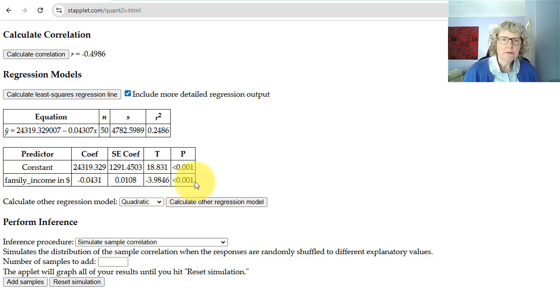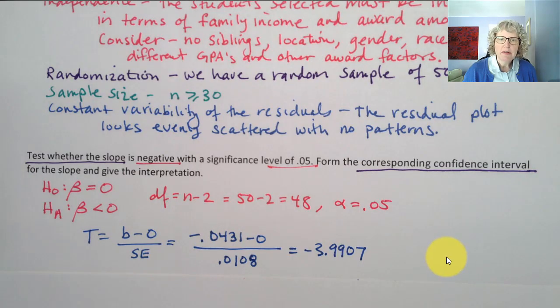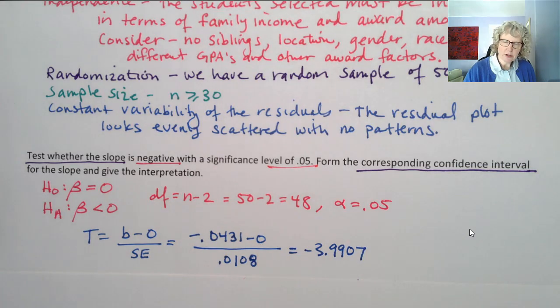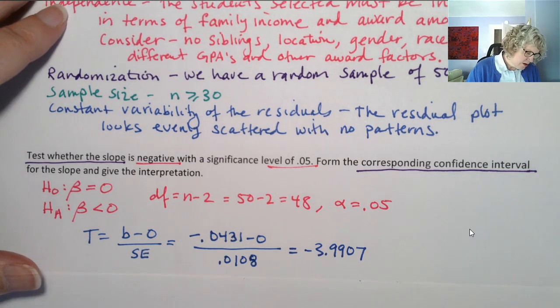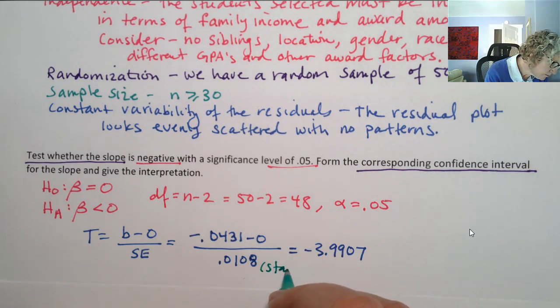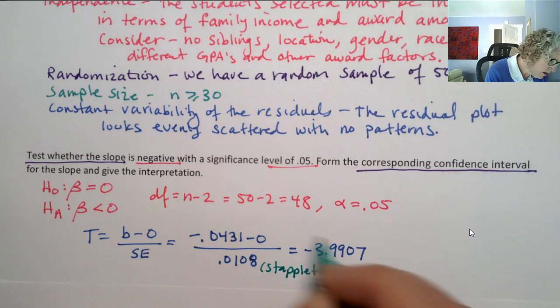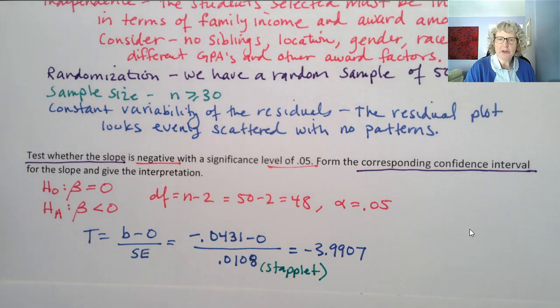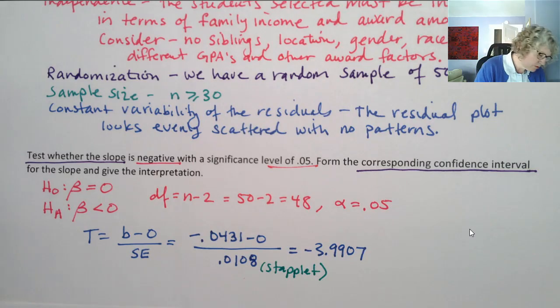And then now we need to find our p-value, right? They don't give us a very accurate p-value here. So for the standard error, let me make a note here. For the standard error, we're going to use Statplet. For the slope as well. But we're not calculating the standard error ourselves. Now to find the p-value, we need to use the t-distribution.